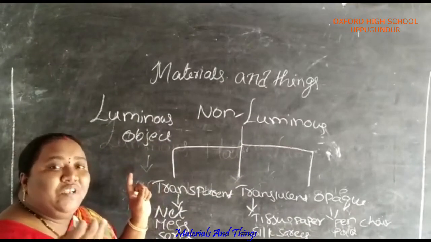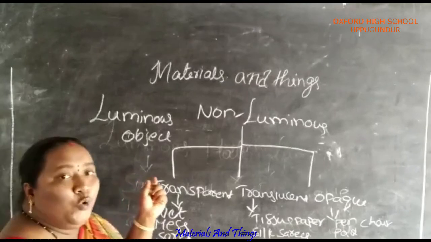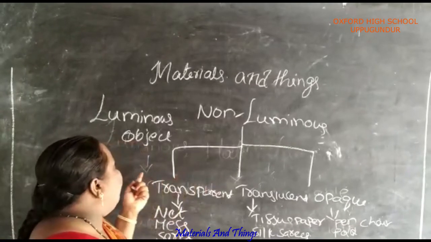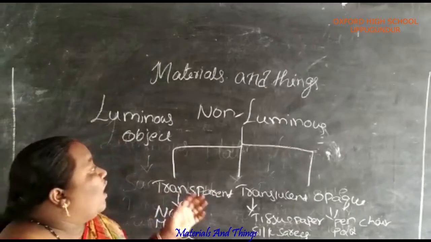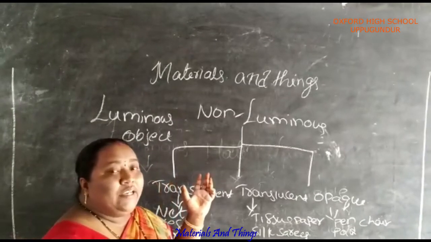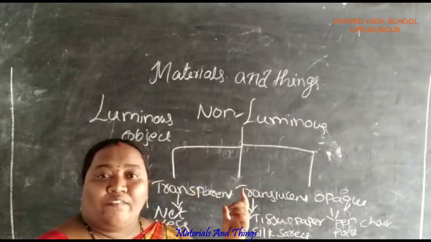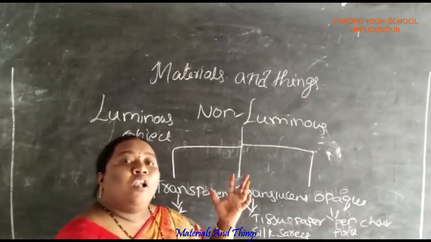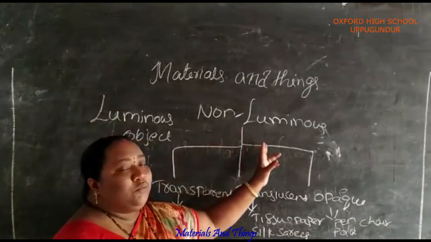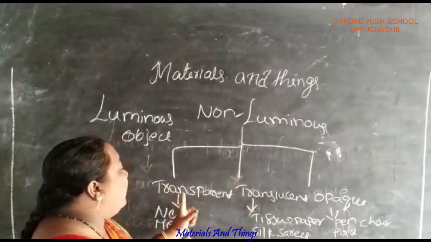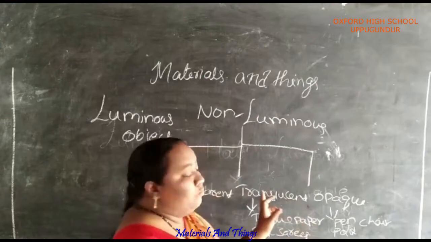The objects which give us light are called luminous objects. Next, non-luminous objects. The objects which do not give us light are called non-luminous objects. The non-luminous objects are divided into three types: transparent, translucent, and opaque.